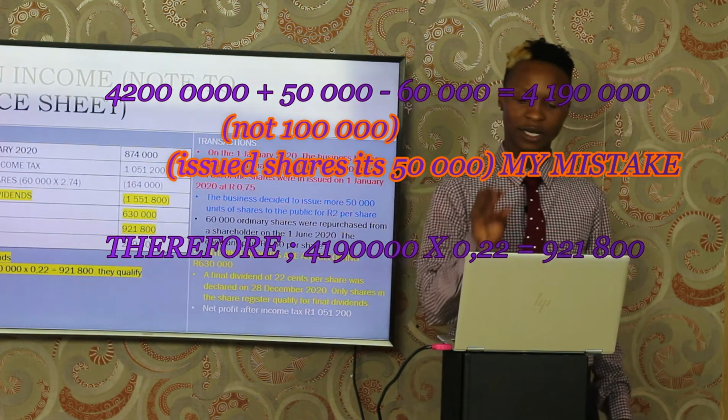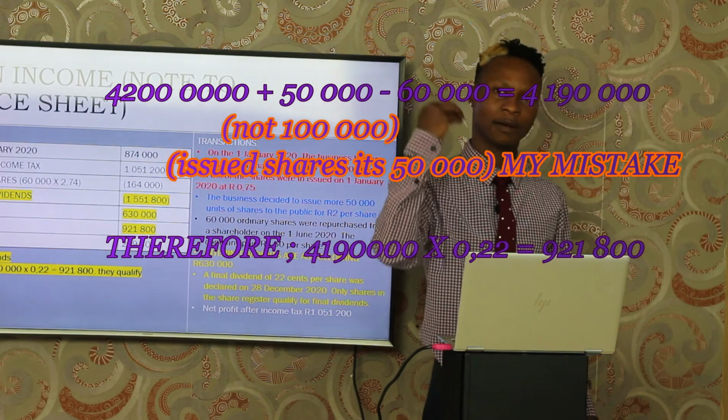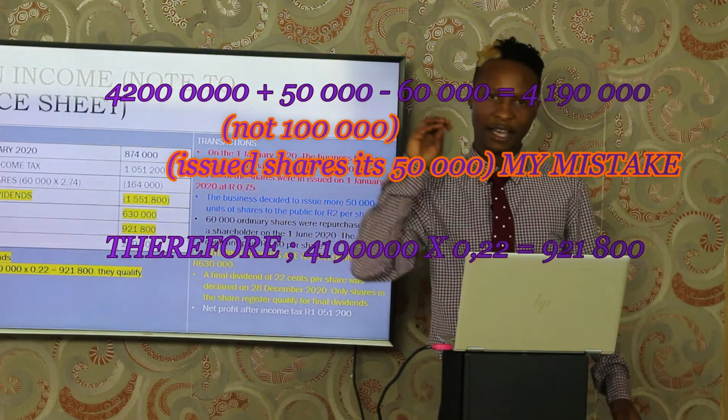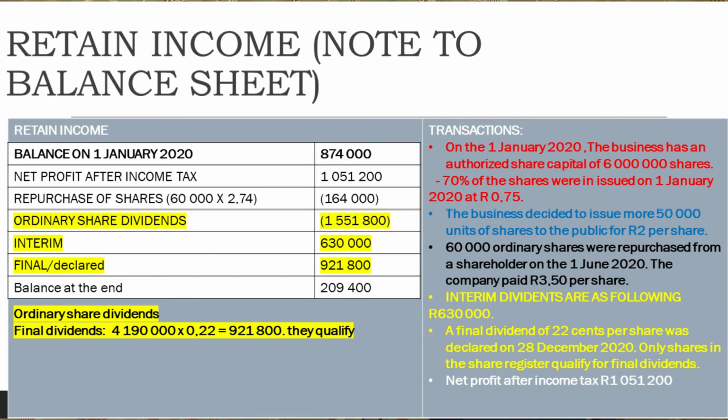Okay, guys, you're going to take that amount of shares after adding your balance and issued shares, subtract your repurchase, and then multiply it by 22 cents. The shares we have is 4,190,000 multiplied by our 22 cents. And then the amount that qualifies, the amount that we are going to distribute at the end of our financial year to our shareholders, it will be how much?